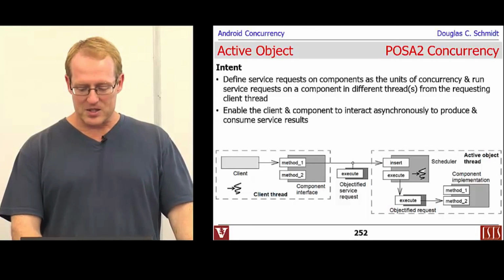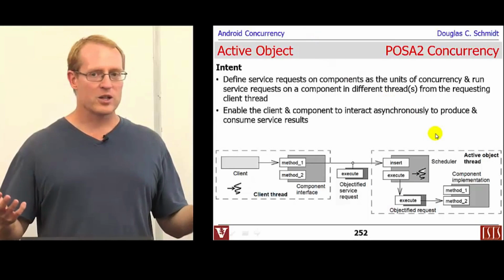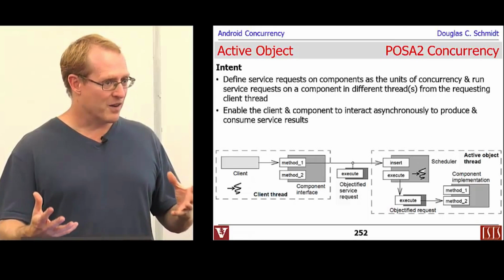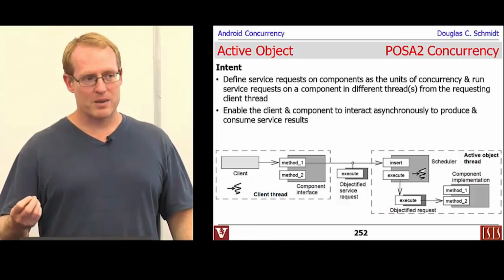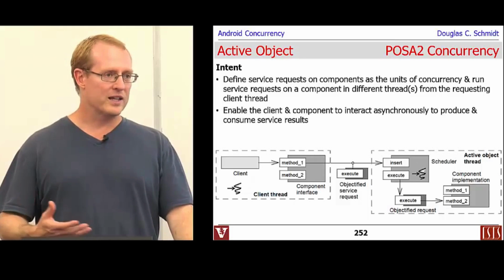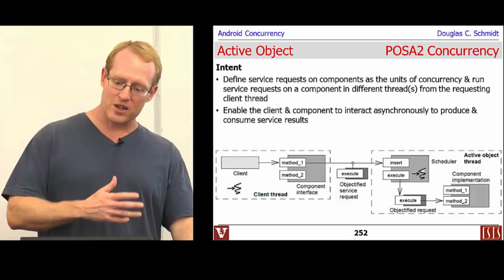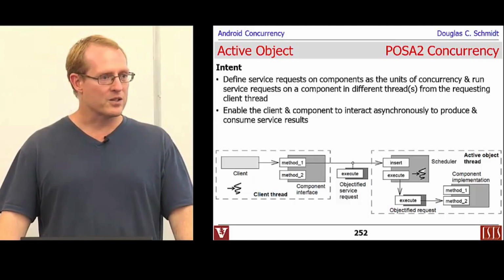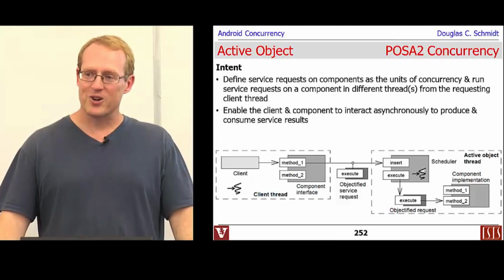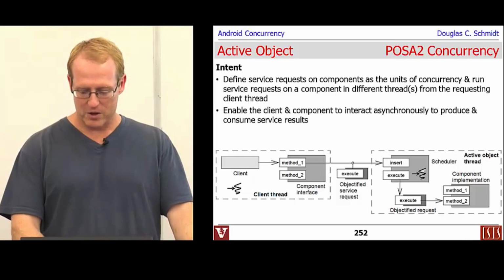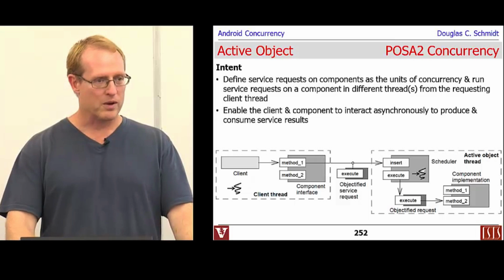That then gets stuck into some kind of activation list or queue that is managed by the active object, which runs in a separate thread or threads of control. When the request comes in, it gets stuck in the queue. Then at some point, a scheduler takes the request out of the queue and invokes an operation back on some servant, which is the implementer or executor of the original invocation by the client. So that's how the service request gets invoked in the active object thread or threads.